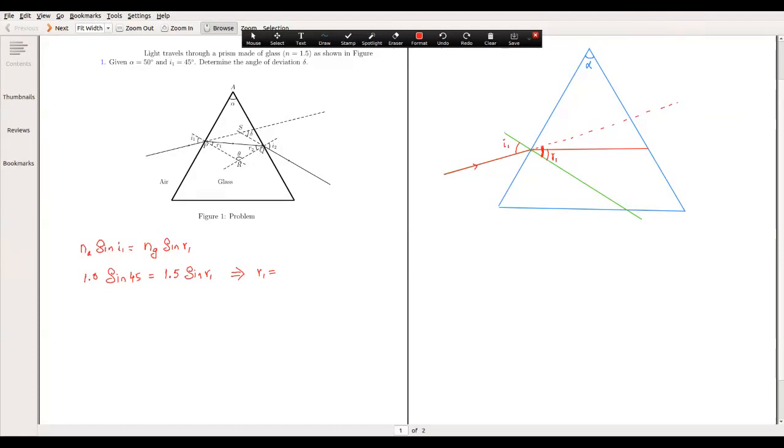So R1 is 28 degrees to 2 sig digits. So again, let me check on this. It's sine inverse of sine of 45 divided by 1.5. Now that's 28.13. So if we do two digits, that's 28 degrees.